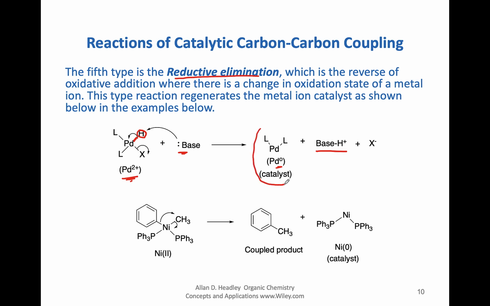You will recall that this is the compound that we actually started with in the oxidative addition. Here's another example, nickel. And of course we can have this migrate over to here, and these electrons here come in for the reductive elimination to regenerate nickel 0, which is a catalyst, because this is nickel 2+.